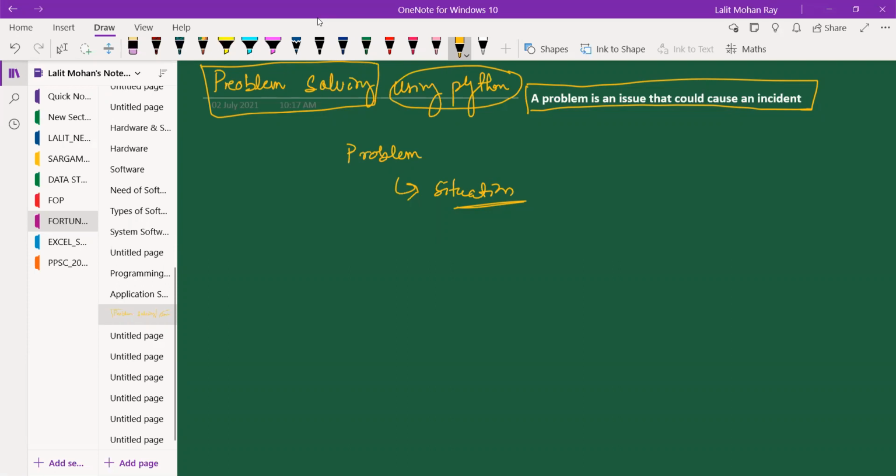So for finding the solution of a problem, we must know what is that problem. What is the problem? We have to identify where is this problem. That means we have to identify the problem.